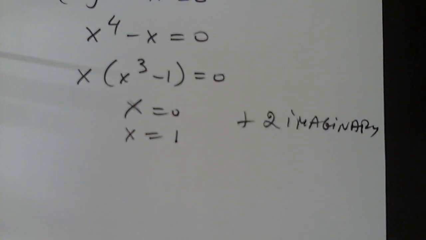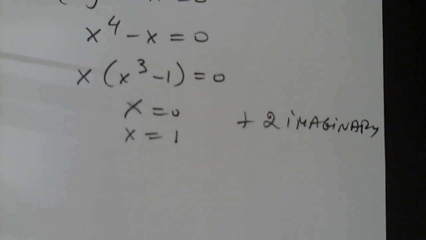How do I know? Okay, very simple. With the calculator, we go to apps, 9, the degree is 4. We enter the coefficients: 1 for x to the fourth, 0 for x cubed, 0 for x squared, negative 1 for x, and 0 for the free term.